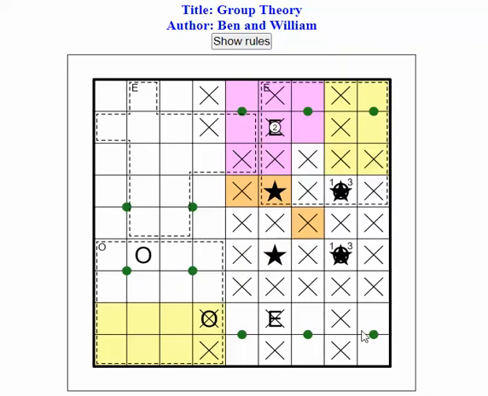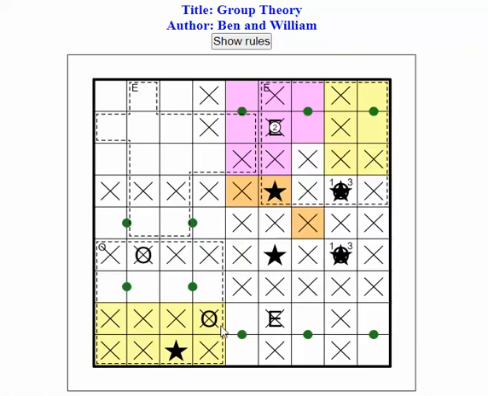Okay. One here. Okay, now what can this O be? It's got to be a 3. I can get rid of all that now.